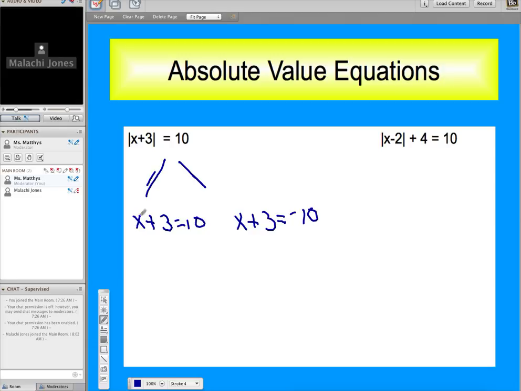All right, let's go to the first one. How would I solve x plus 3 equals 10? You would subtract 3 on both sides, and you get x equals 7. Good. And how about the other equation?